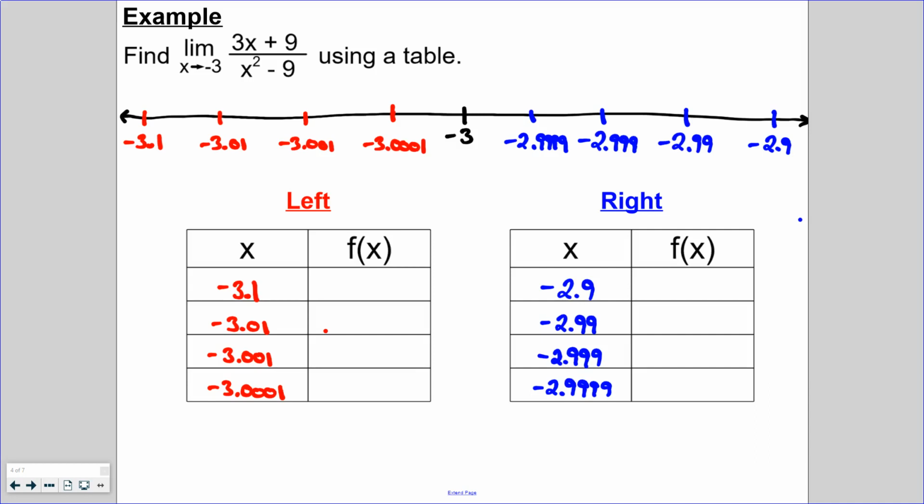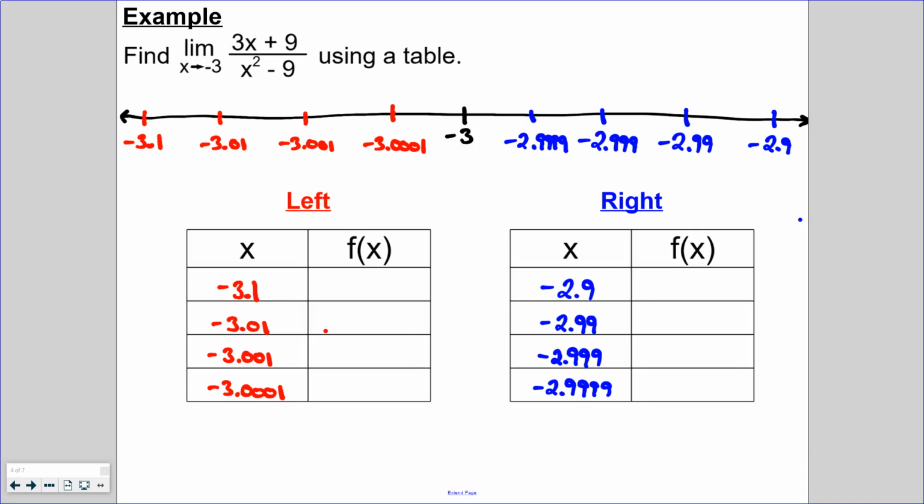Alright, so now we have all of our input values, and as you see, our patterns are flipped. Because on the last slide, we had the 0.9, 0.99, 0.999 on the left-hand side, and we had the 0.1, 0.01, 0.001 on the right-hand side. But since our a value is negative, we have to flip it.